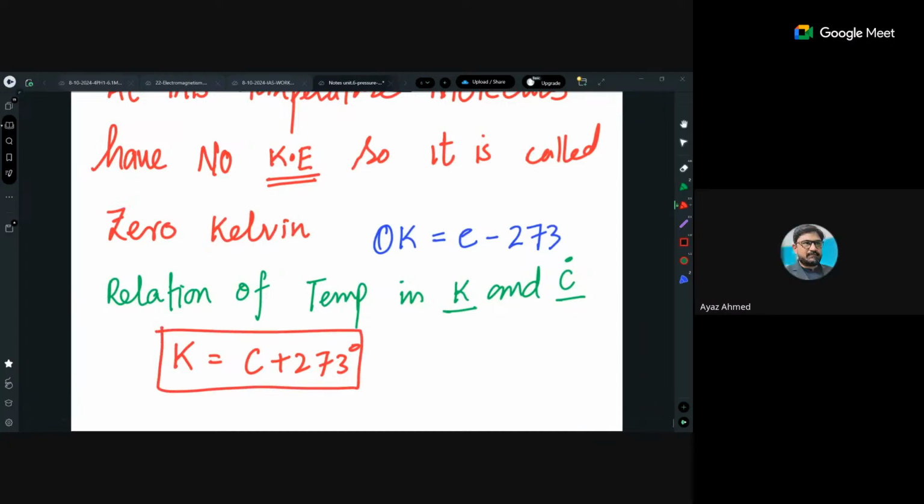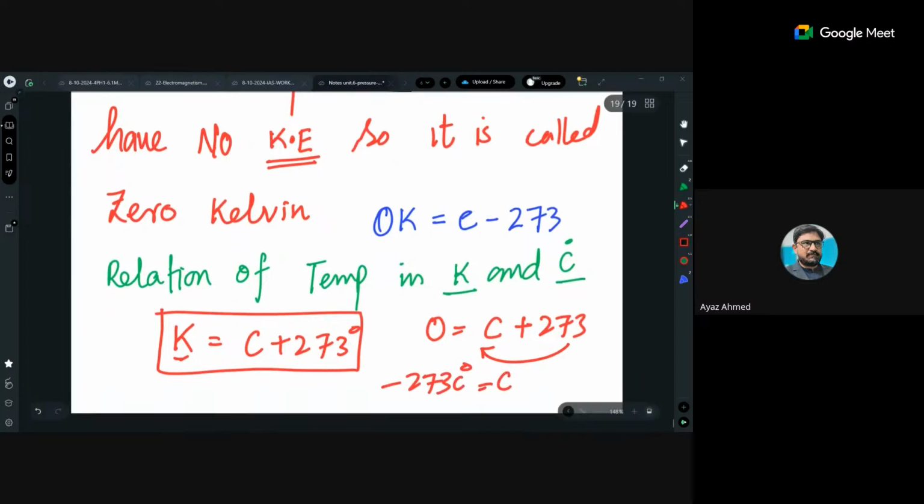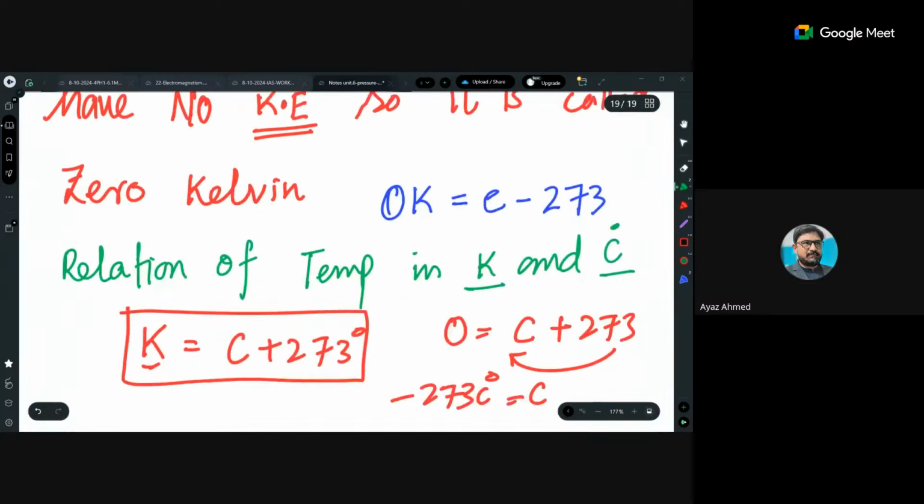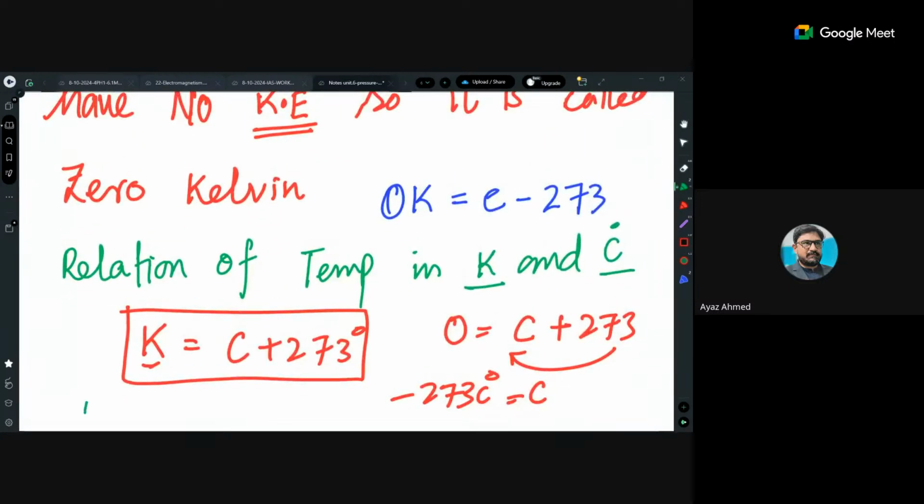For example, as I told you, when Kelvin is 0, when this number is 0, what will be the degree centigrade? 273 is here, so it will shift to the other side, so centigrade will become minus 273 degrees centigrade, right? Just consider that if your body temperature is 37 degrees centigrade, what will it be in Kelvin?